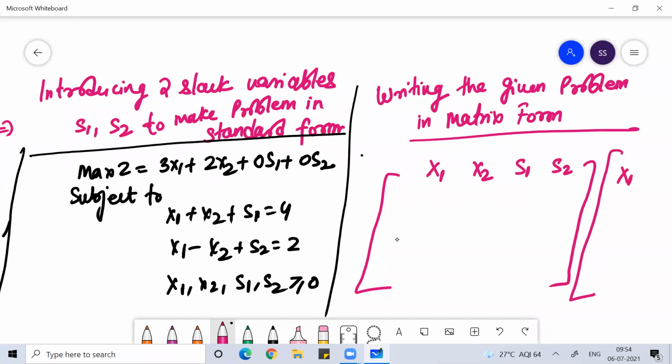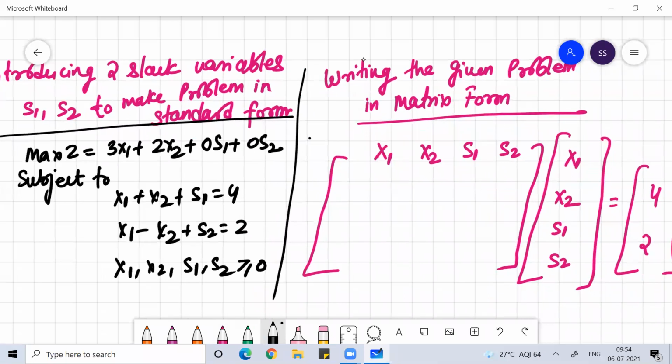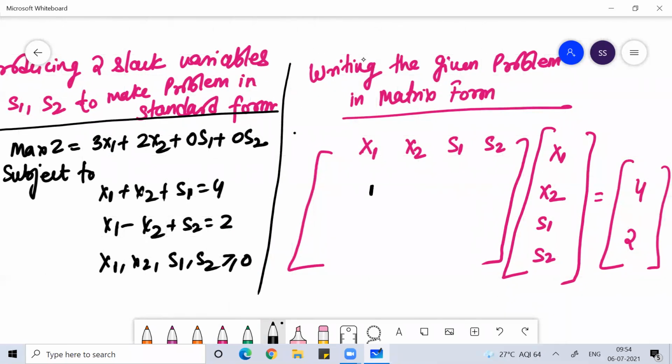I hope you still remember x1, s1, s2. This is equal to 2. Now simply write down the coefficients: 1, 1, 1, 0, 1, minus 1, 0. Clear everyone?